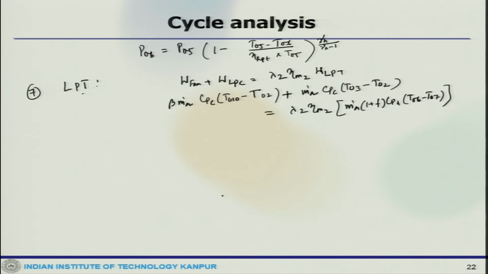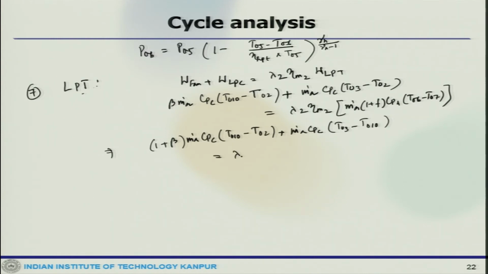So, we can do a bit of algebra here. We can write (1 plus beta) m dot a Cpc (T naught 10 minus T naught 2) plus m dot a Cpc (T naught 3 minus T naught 10) equals lambda 2 eta m2 m dot a (1 plus f) Cph (T naught 6 minus T naught 7). So, what we will get?